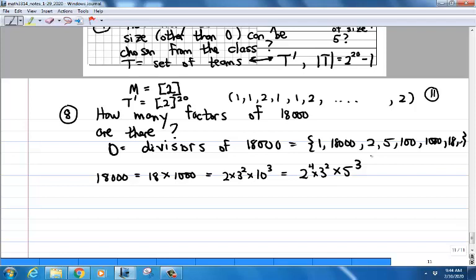If you're going to have a divisor of 18,000, you've got to build it from these factors. 4 possible factors of 2, but maybe none. 2 possible factors of 3, but maybe 0. And 3 possible factors of 5, but maybe 0. But you can't go over 3 factors of 5, or 2 factors of 3, or 4 factors of 2. Does that give you a clue then of how to build the divisors?